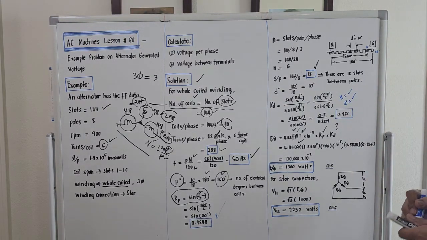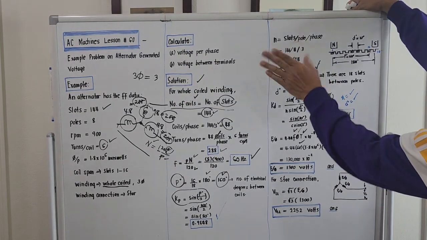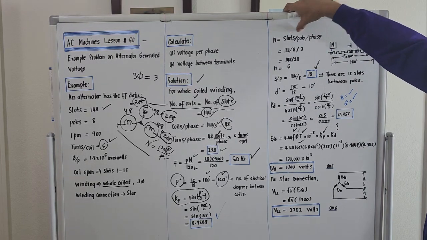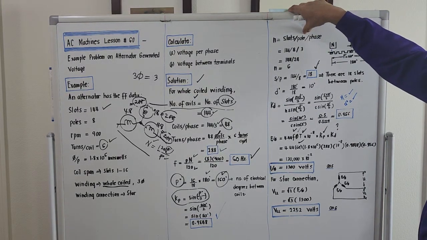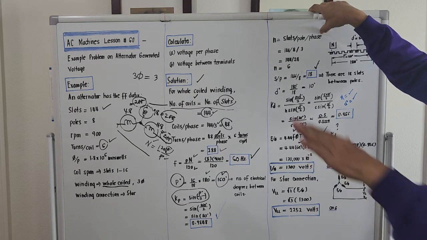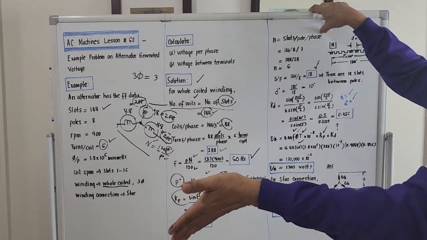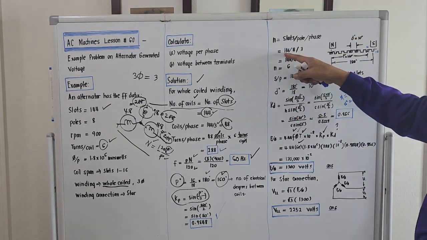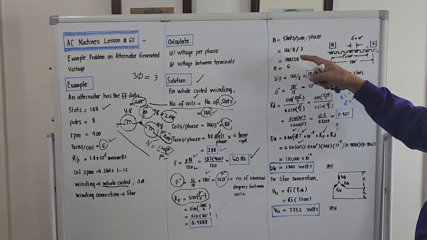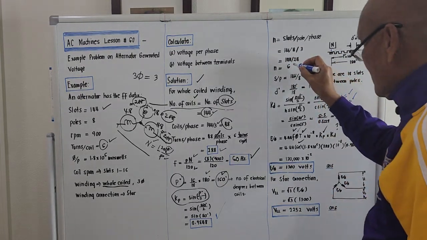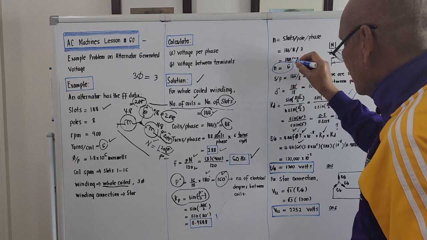From our previous discussion, small letter n is given by the formula: you take the total number of slots, divide that by the total number of poles, and divide that again by the total number of phases of the alternator, which is 3. So actually we could compute for small letter n. That will be 144 over 8 over 3, or 144 over 24, and that will be 6. So the value of n here is 6.